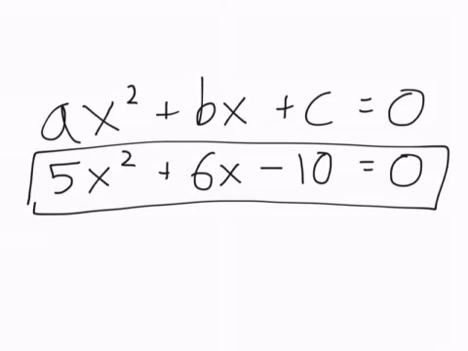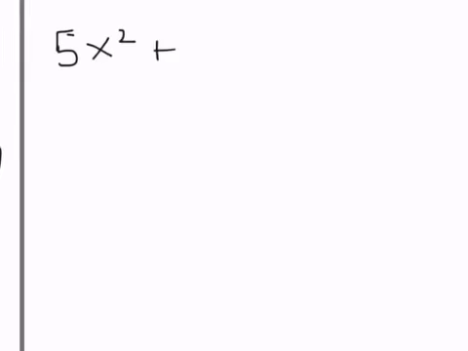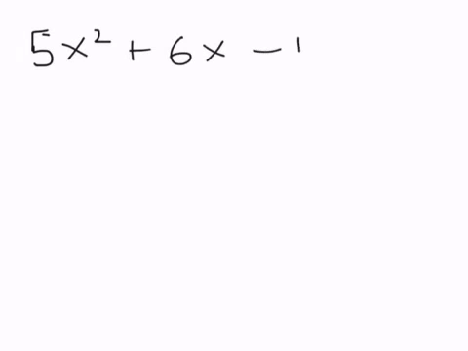Let's try and solve it using the method of completing the square. Let's write down the question again on a new piece of paper. 5x squared plus 6x minus 10 equals 0. So, first thing we do is we factorise the 5.